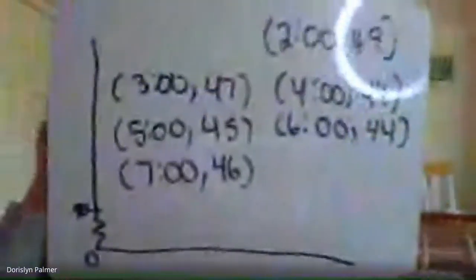Okay, go ahead and fill that in. So you're doing 2 o'clock, 49, 3 o'clock, 47, 4 o'clock, 44, all the way to 7 o'clock. All right, so your box should look like that.